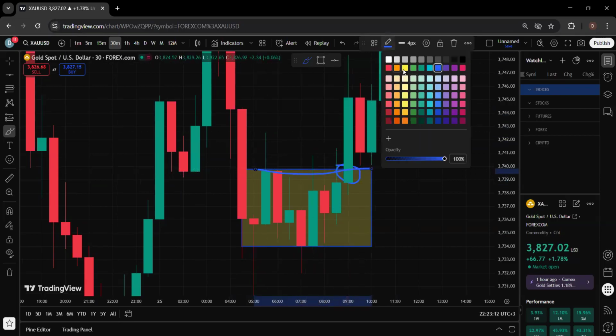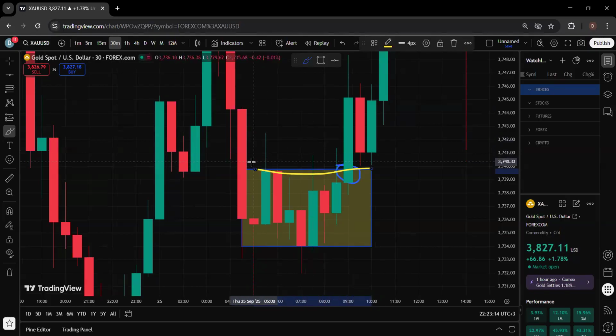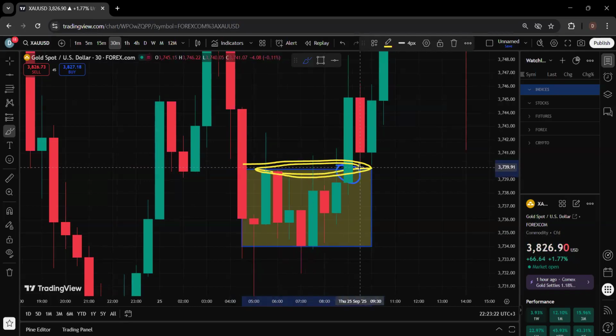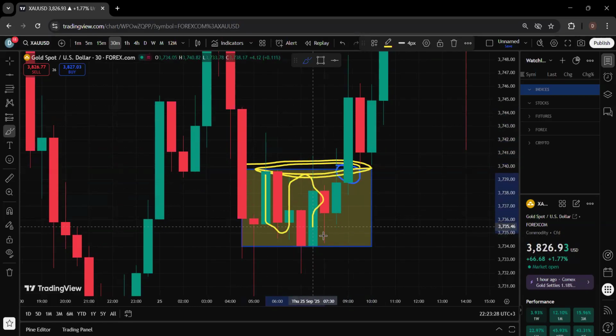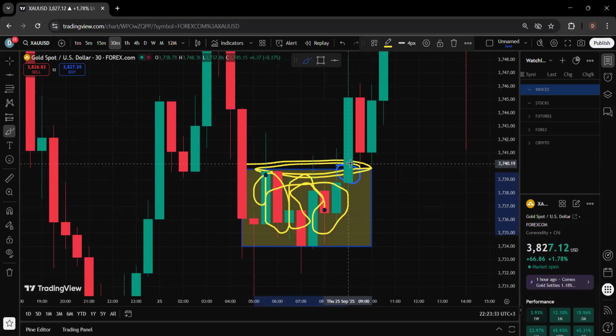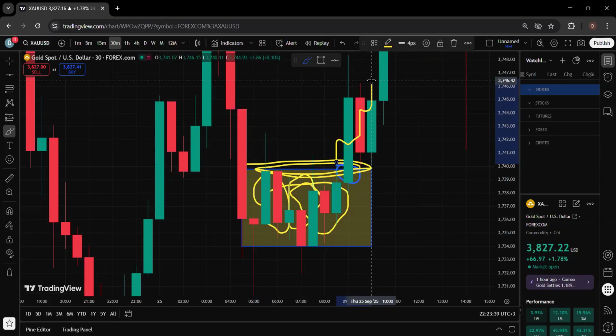Remember the other rule we said, you must wait for the candle to close above. When the candle closes above your region, that is a nice opportunity to know that the market is out of danger, because we said this is a very danger zone. This is a very tricky market. So once you see a candle close above that region like that, you know it's a nice opportunity to expect a bullish move.